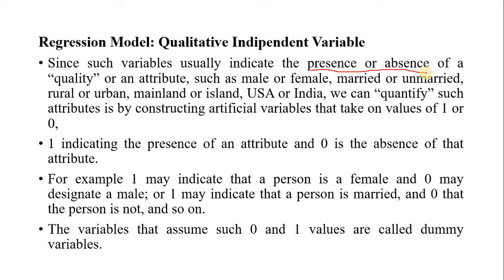Male is presence and female is absence. Or yes or no: are you male? If yes, it is presence, and if no, it is absence. Marital status: are you married or not? Married is presence and unmarried is absence. Are you living in an urban or rural area? You can consider one as presence and one as absence.